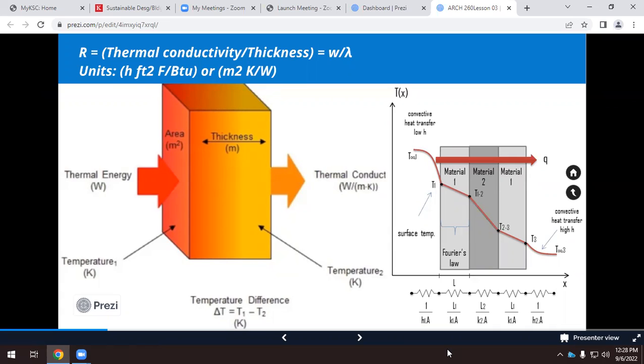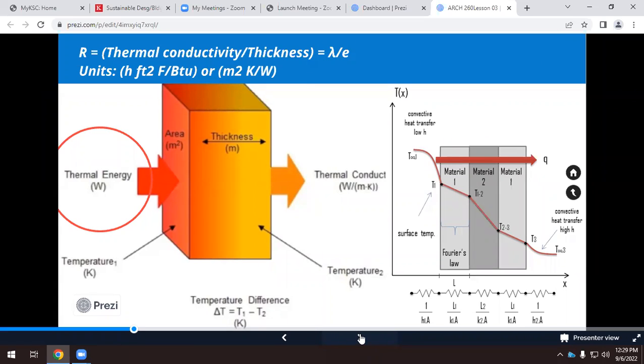Okay, so this is what we need. We need to reduce the rate at which the thermal energy moves through the wall. Okay, so we're reducing the rate, not the amount but the rate at which this heat is going through the wall. We have a thickness. In modern architecture, we have to reduce the thickness as much as possible. Why? Because that's the main difference between contemporary architecture and the architecture that we had 2 or 3 centuries ago.